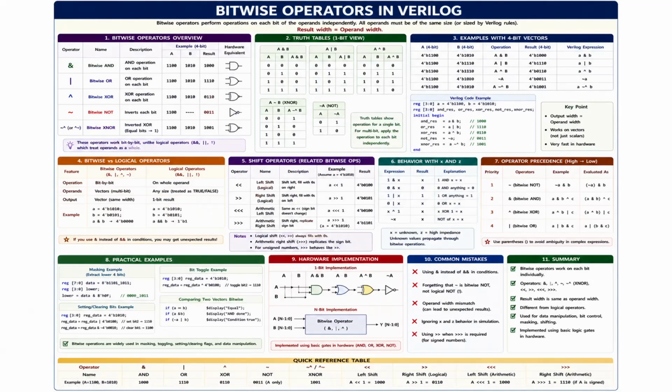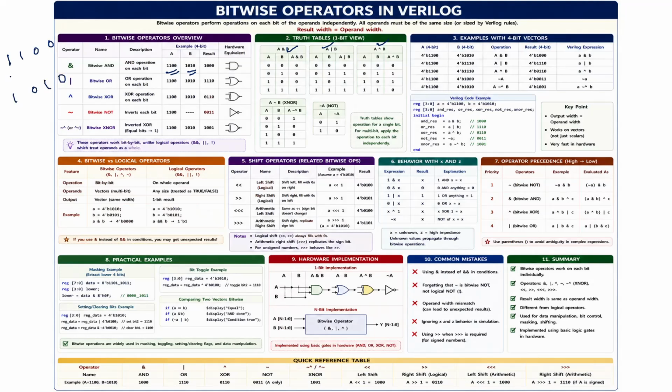After that, bitwise operators. How do we do bitwise operators here? Bitwise operators mean we are considering single bit by bit: AND operation, OR operation, XOR operation, and NOT operation. All these operations we do here. Suppose you take 1 1 0 0 and 1 0 1 0.